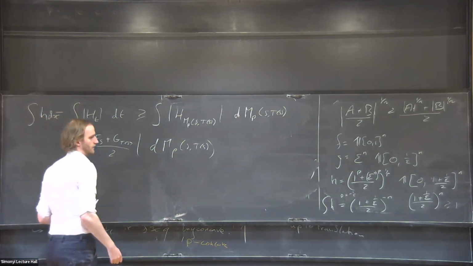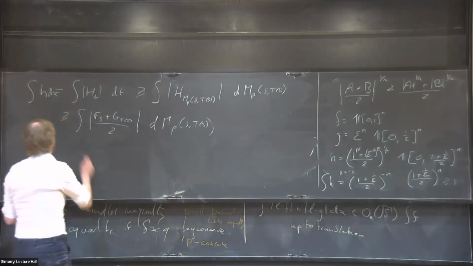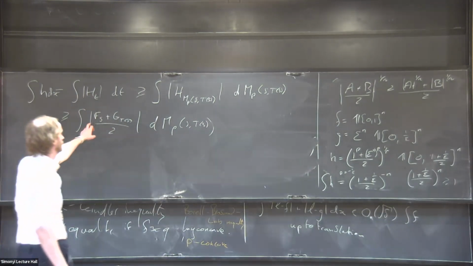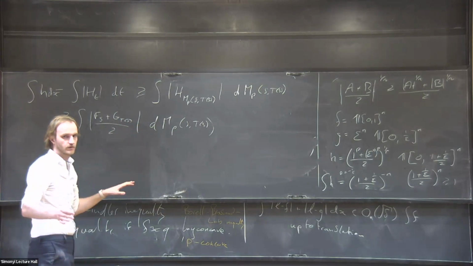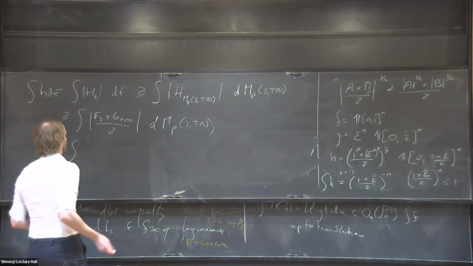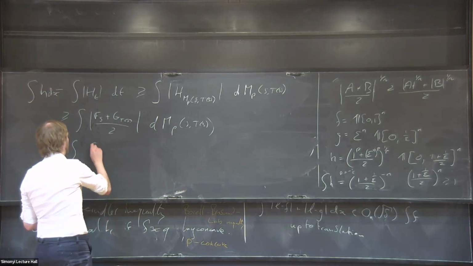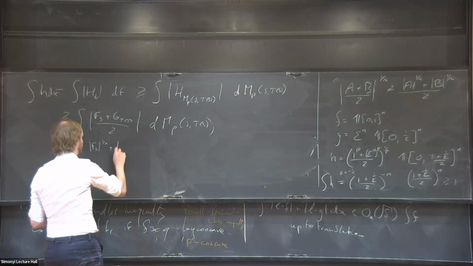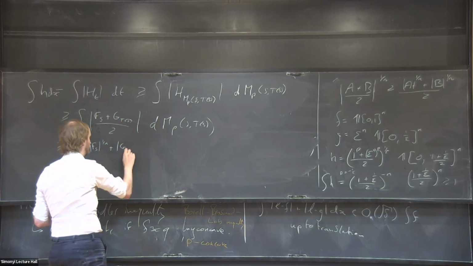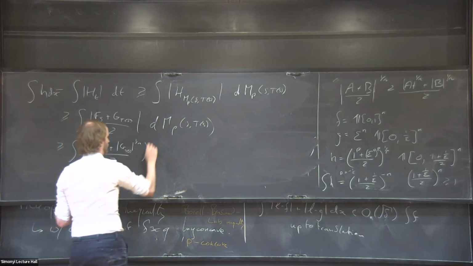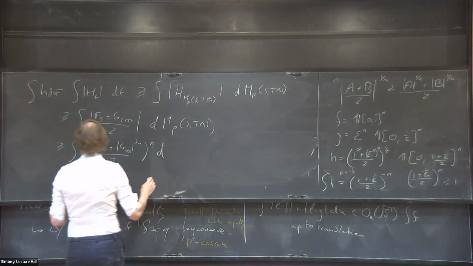So I can give a lower bound to this average here. Now, unfortunately, this is where my nice homogeneous formulation breaks down because I don't know that these two have the same size. That's a bit unfortunate, but okay. Let's try and get through that. So what is this? This is the size of f of s to the 1 over n plus the size of g of T of s to the 1 over n, over 2, to the power n. The lower bound.